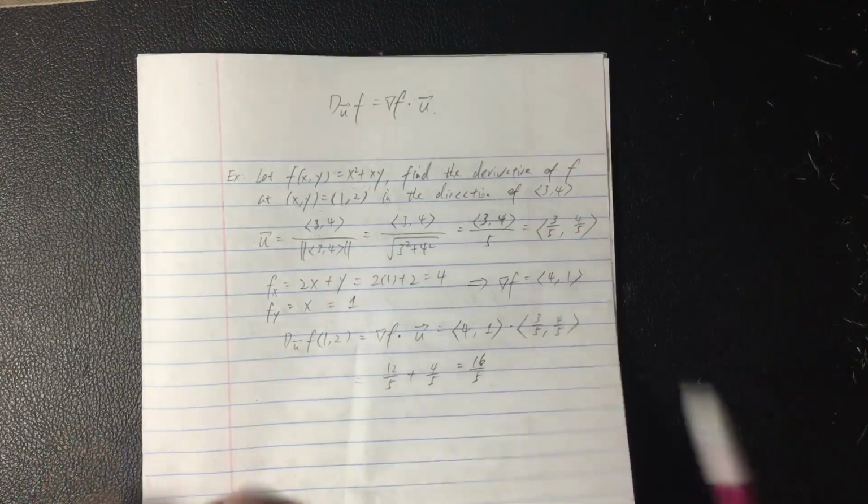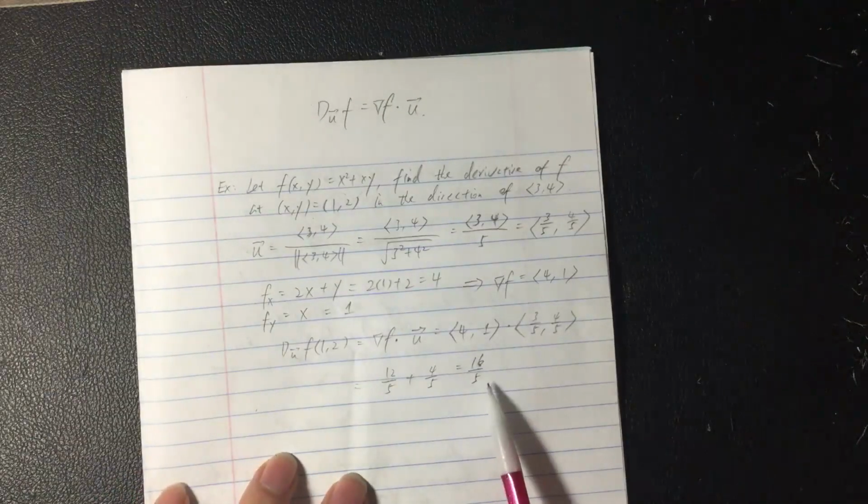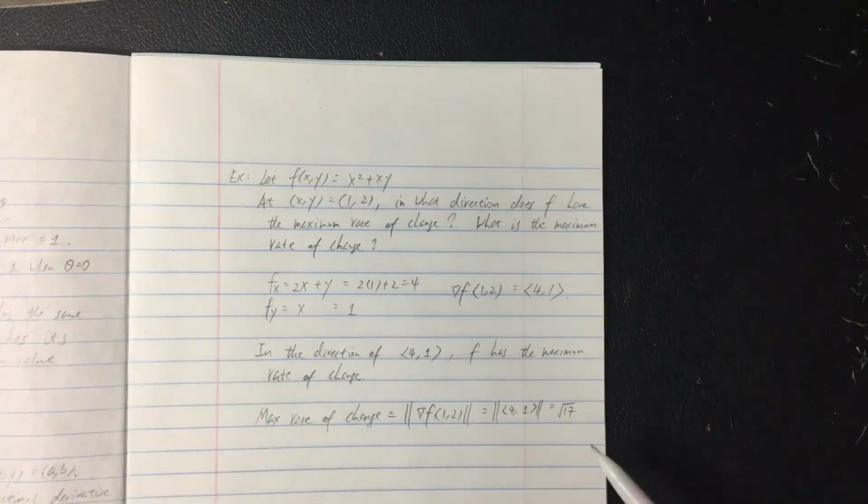We can see that this is larger than the other directional derivative, because this is the maximum rate of change, which is the maximum value of the directional derivative. It's larger than the directional derivative in any other direction.